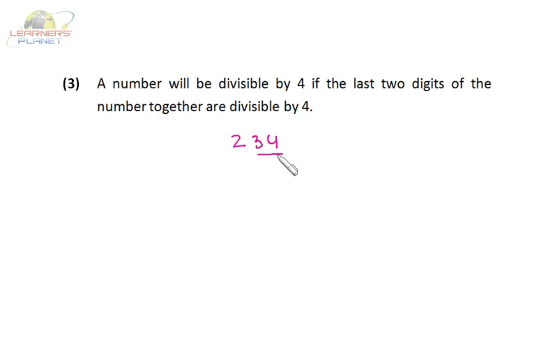Now just check 34 whether it is divisible by 4 or not. If 34 is not divisible by 4, then the entire number is not divisible by 4. If it is divisible by 4, then the entire number is divisible by 4. Since in this case 34 is not divisible by 4, hence 234 will not be divisible by 4.